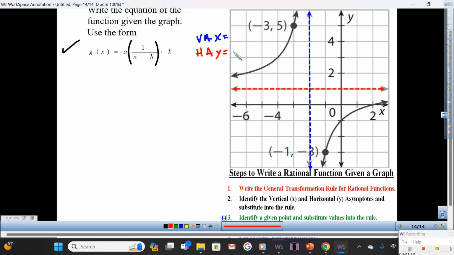Look at your graph. Tell your neighbor what the VA is and what is the HA. All right? Good conversation. Emily P., what's our VA according to that graph?